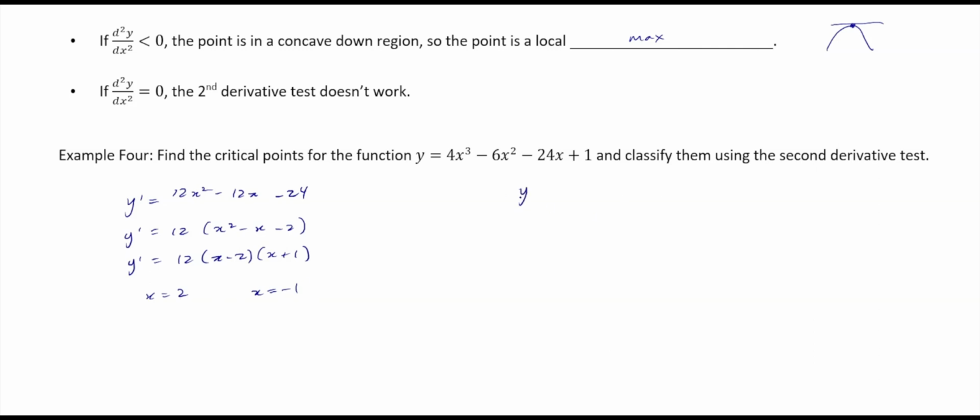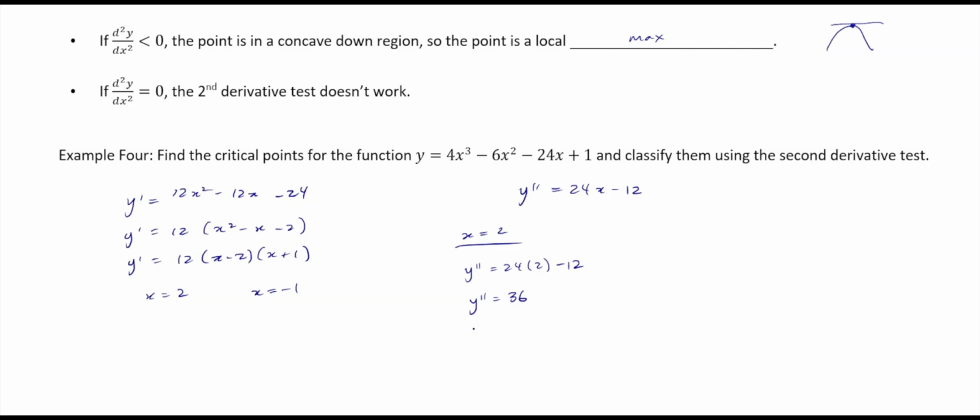So now I'm going to find the second derivative. The second derivative here is equal to 24x minus 12. I'll start with x is equal to 2. I'm going to sub x is equal to 2 in there. y double prime is equal to 24 times 2 minus 12, which is 36.